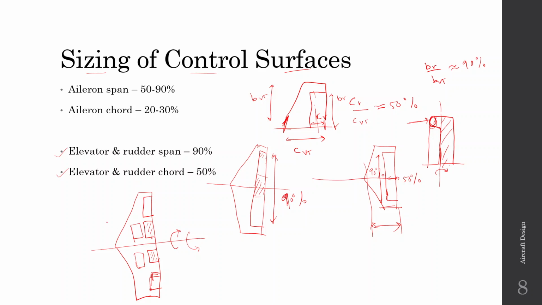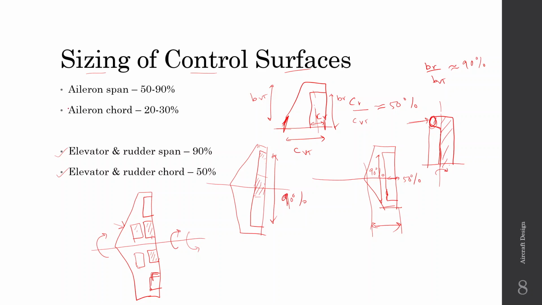So these are the spoilers. If you deploy the spoiler on this side only, then the lift on this side is going to be reduced. So the lift on the right side is going to be less, whereas the lift on the left side is going to be more. So it will produce this kind of a rolling torque.